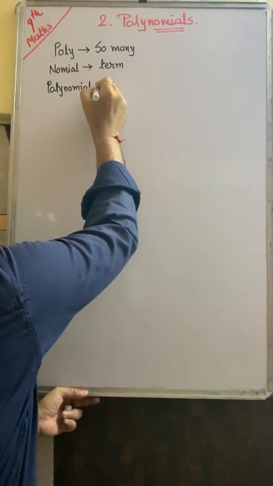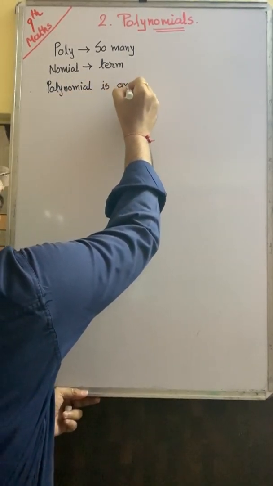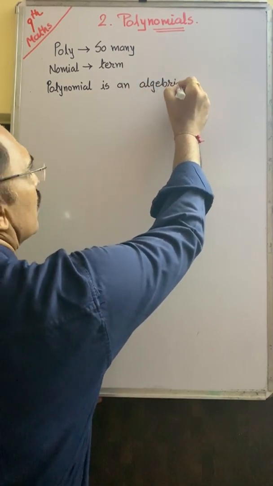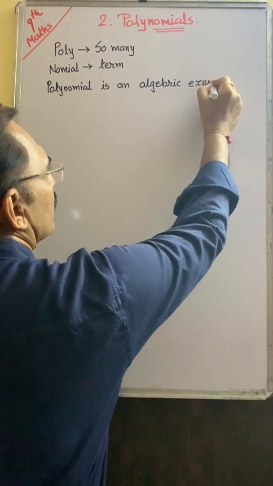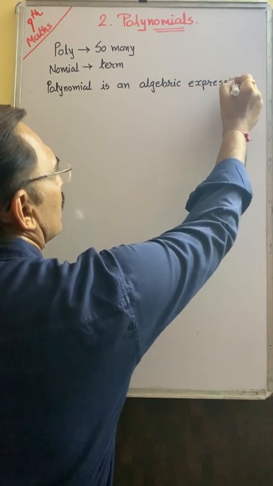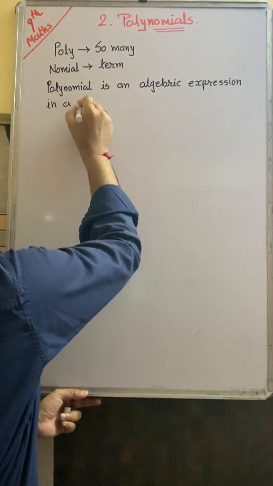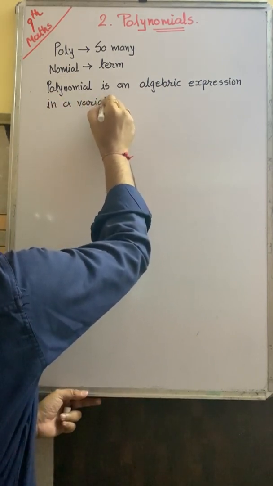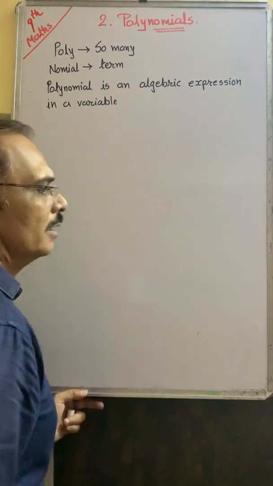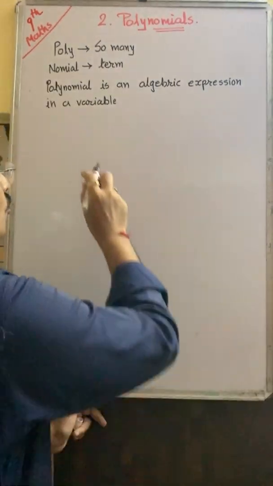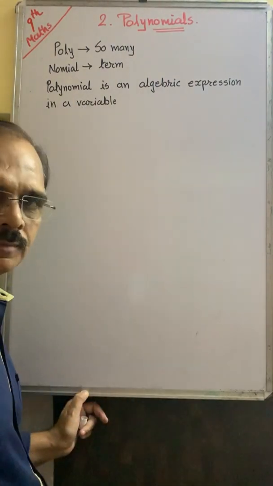polynomial is an algebraic expression in a variable, maybe one or two. Here in this 9th standard we are going to learn about only one variable, so I write a variable.